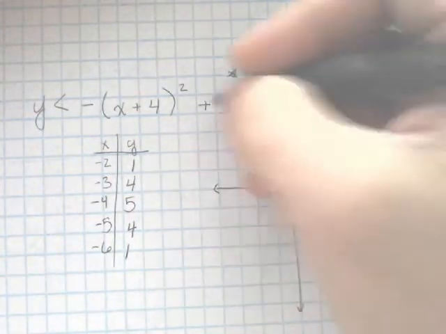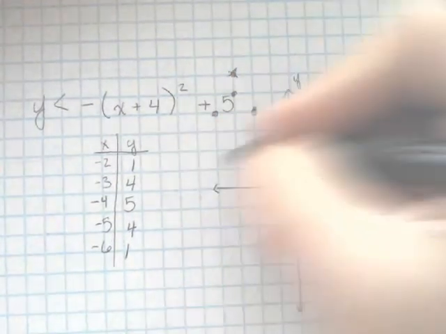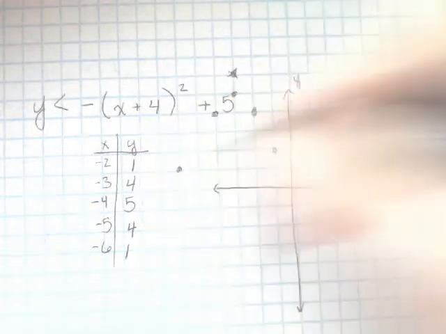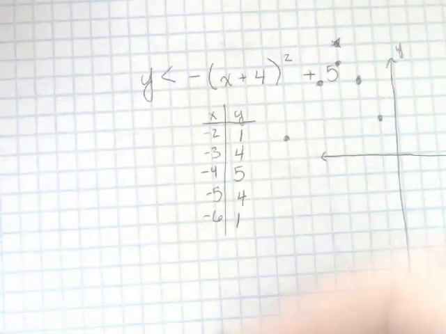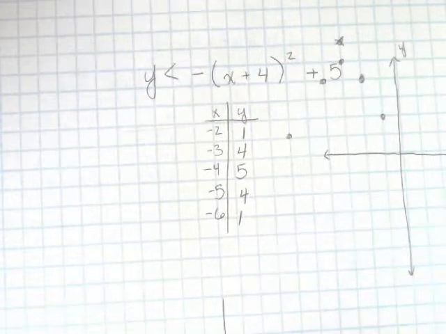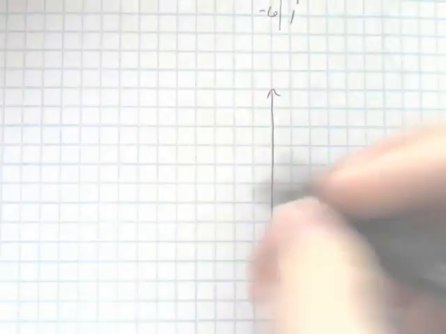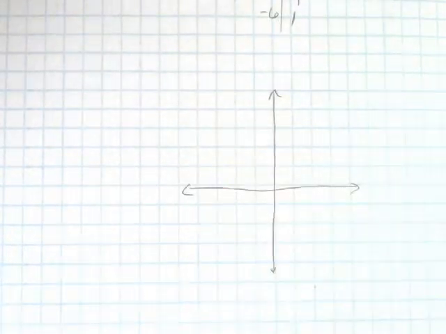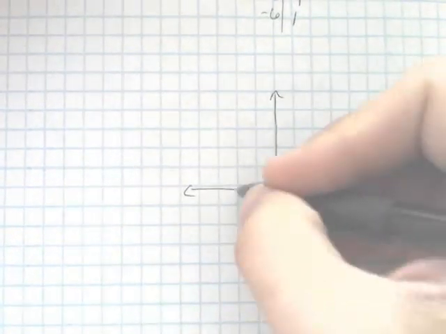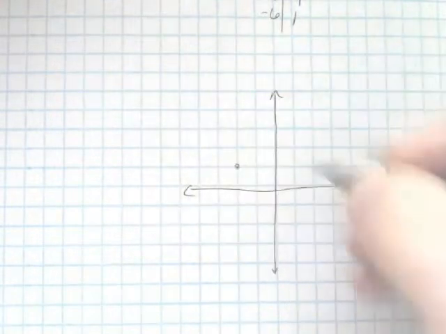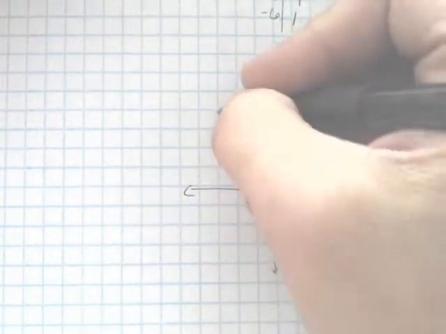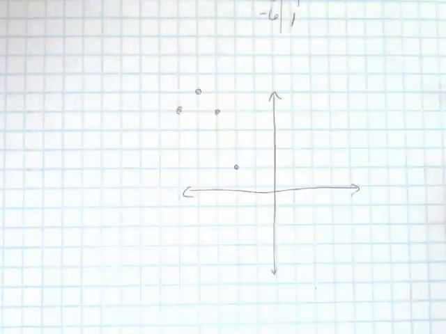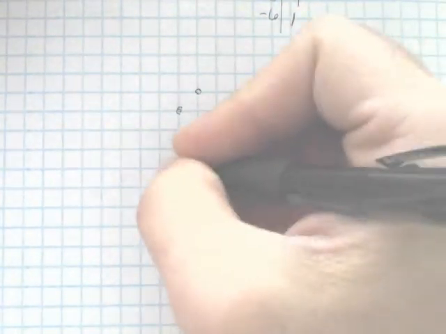Oh man, you know what, I'm just going to regraph that down here. I got thrown off when I hopped on top of my inequality to begin with. So negative 2, 1; negative 3, 4; negative 4, 5; negative 5, 4; and negative 6, 1.